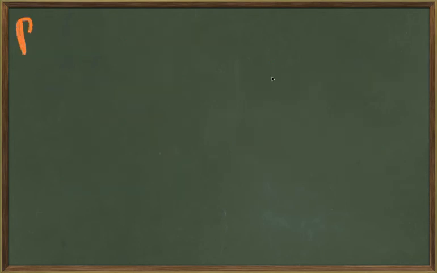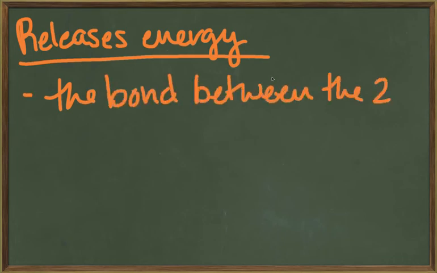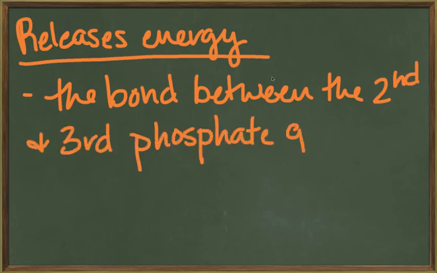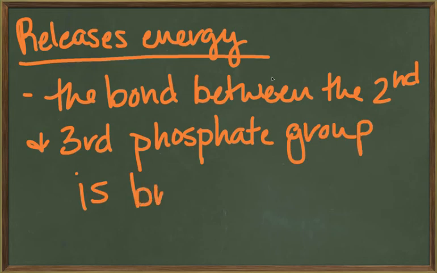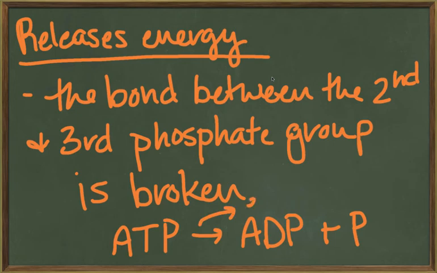The way it releases energy, the bond between the second and third phosphate group is broken, so that ATP now becomes ADP again, plus another phosphate group that's been released. And from this, to go from ATP to that, I am releasing energy.